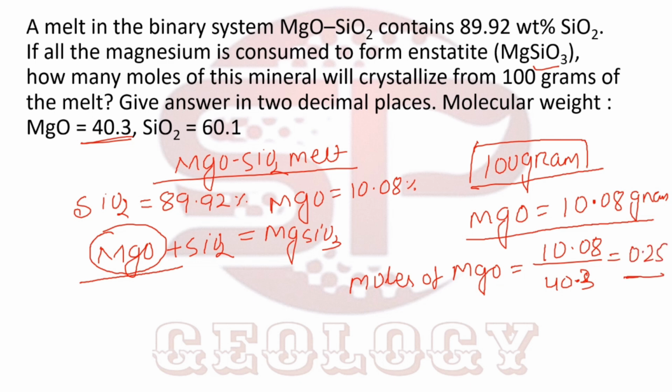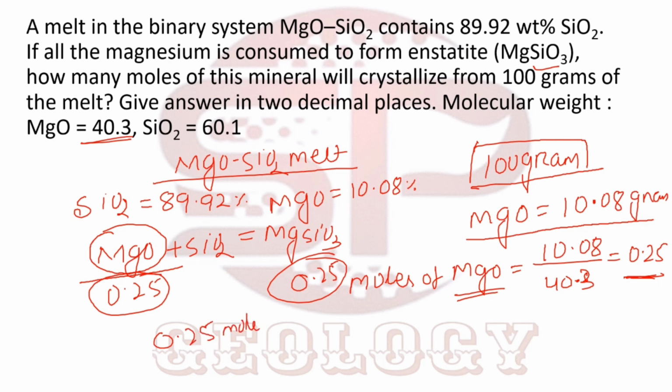So MgO is present 0.25 moles, and all will be consumed to produce 0.25 moles of MgSiO3. The question asks how many moles of this mineral will crystallize? That is 0.25 moles of this mineral will crystallize if all the MgO is consumed during formation of enstatite.